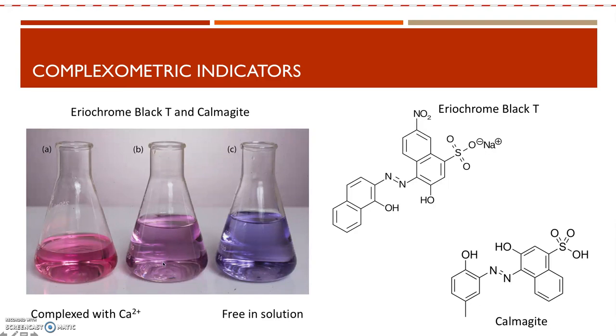So half of your indicator is still complexed with calcium ions and the other half is now free in solution. And once you have removed all of the indicator from all of the calcium ions, then all of your indicator is blue. So we're looking for a pink color that turns to a blue color, and this is a fine distinction. But if you have a blue endpoint next to the solution that you're trying to titrate right now, it's easier to see the difference between purple and blue.